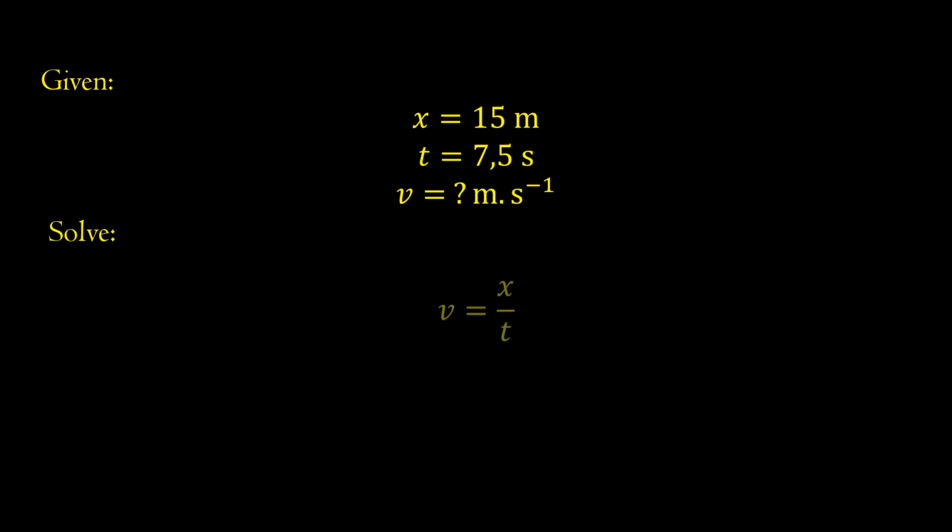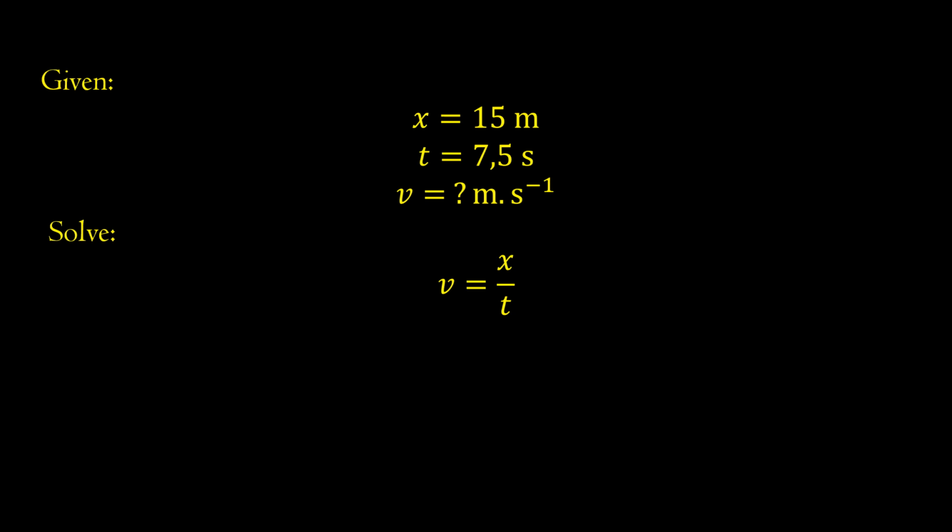So we are given the distance x, which equals 15 meters, and the time taken, which equals 7.5 seconds. We then need to calculate the speed v, and that must be calculated in meters per second. So we will solve using the expression the speed v equals the distance x divided by the time t.